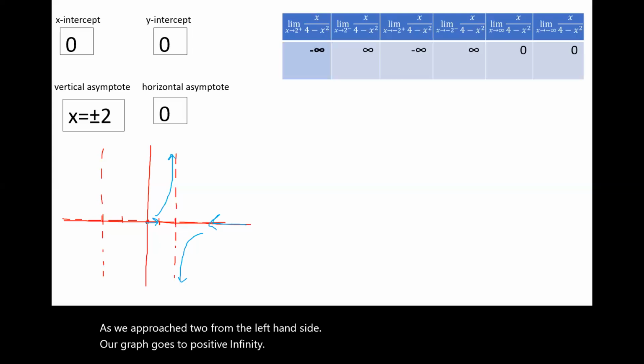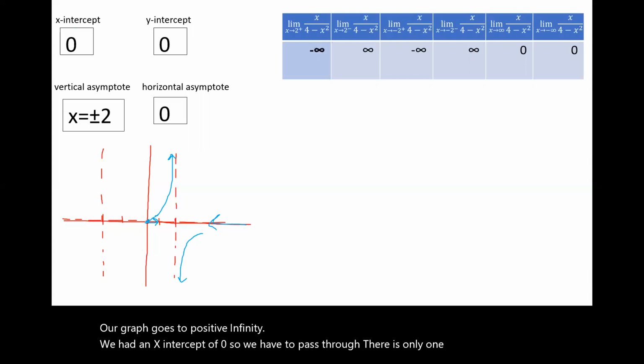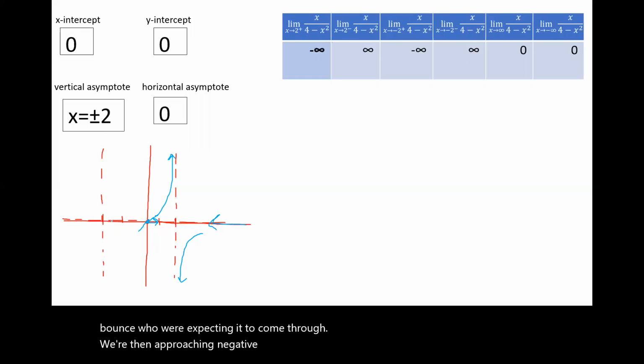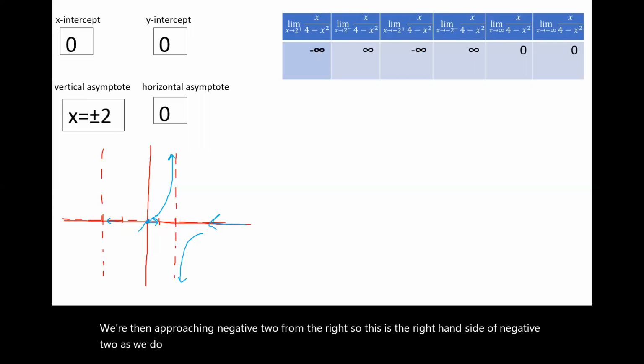We had an x-intercept of 0, so we have to pass through there. There's only one x-intercept, so no bounce, so we're expecting it to come through. We're then approaching negative 2 from the right, so this is the right-hand side of negative 2. As we do that, we're going down to negative infinity.